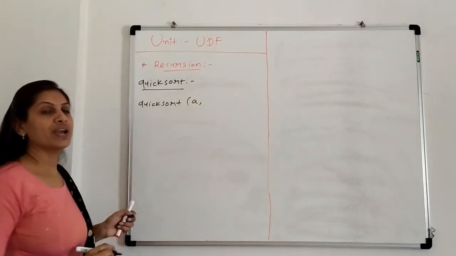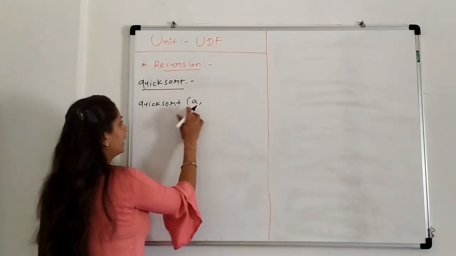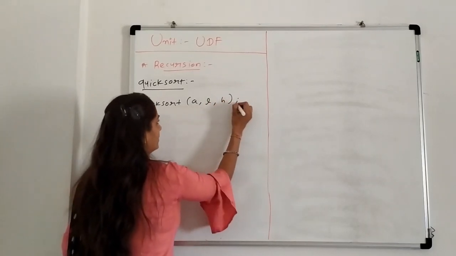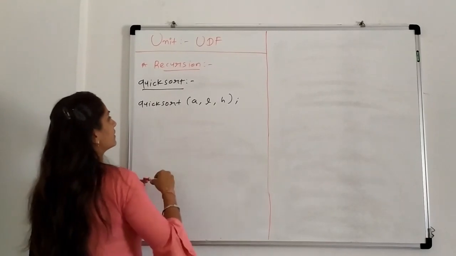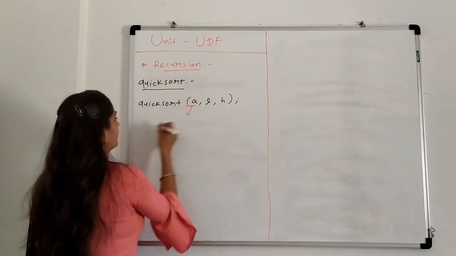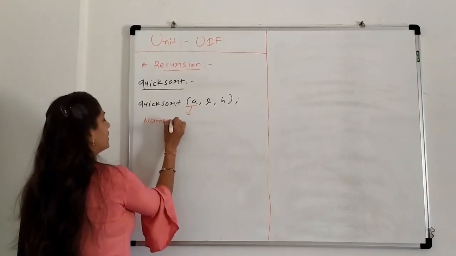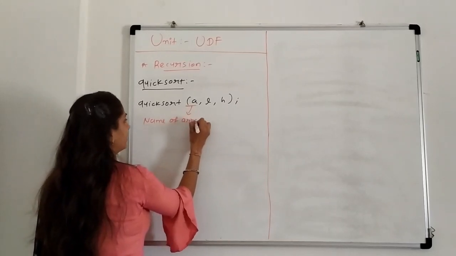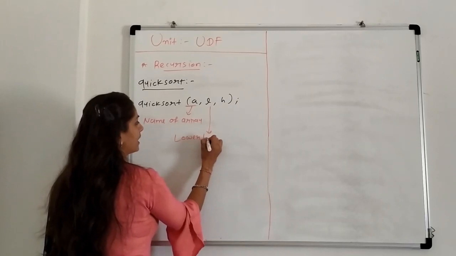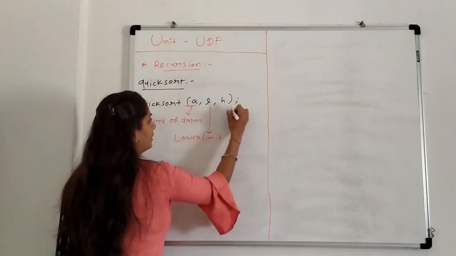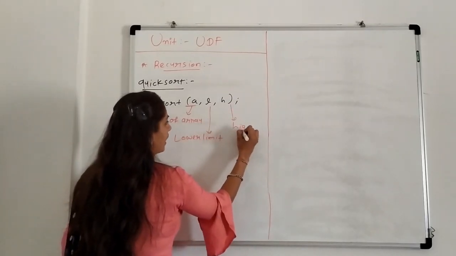Inside this function we pass 3 arguments, a, l and h. A is nothing but the name of the array. L means lower limit and h means higher limit.